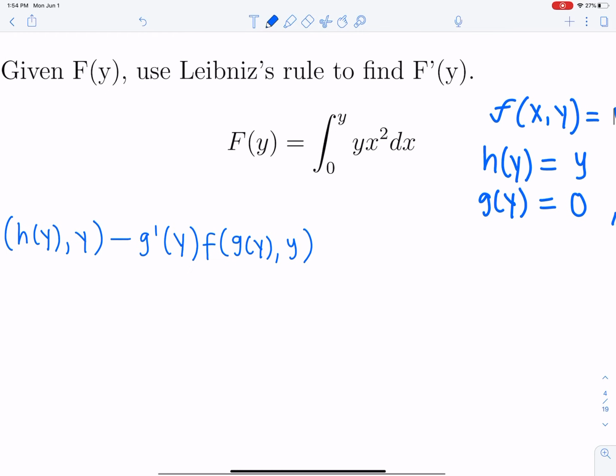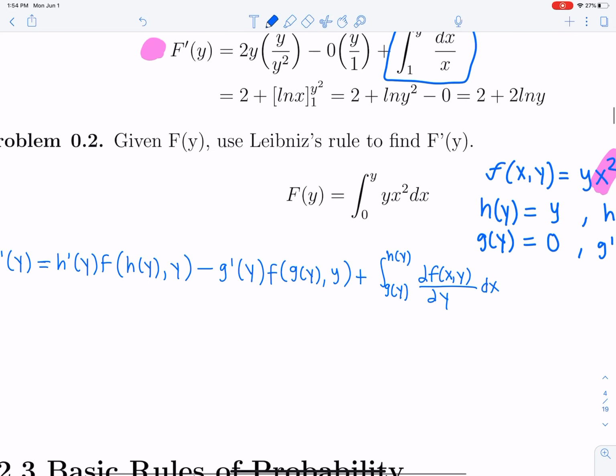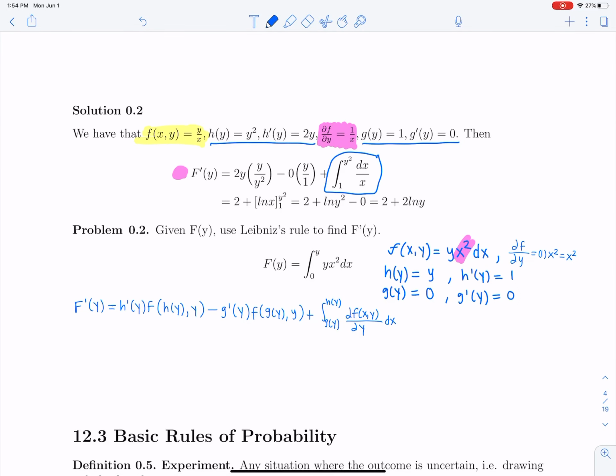And then we add it all to our integral of g of y to h of y of the partial of f of x, y with respect to y dx. Okay, so now that we have our formula and we have all the pieces, we can evaluate.